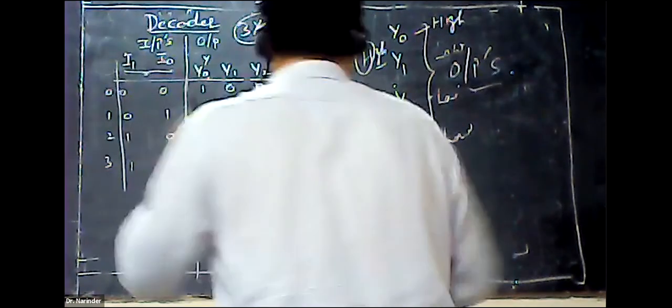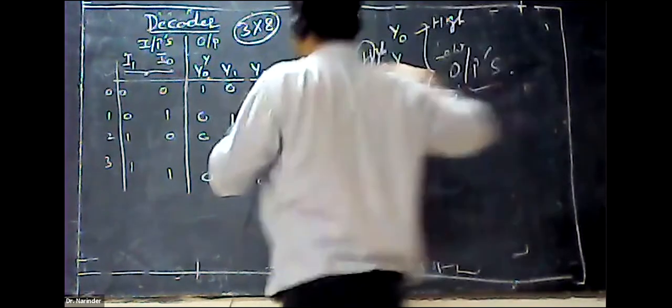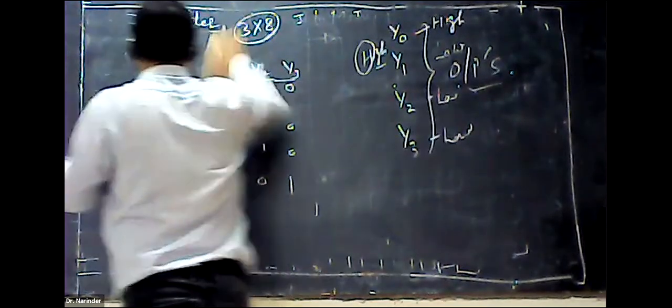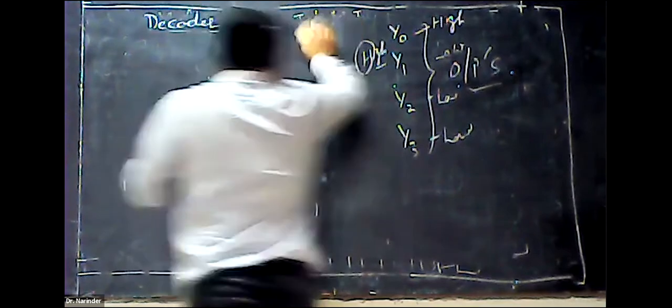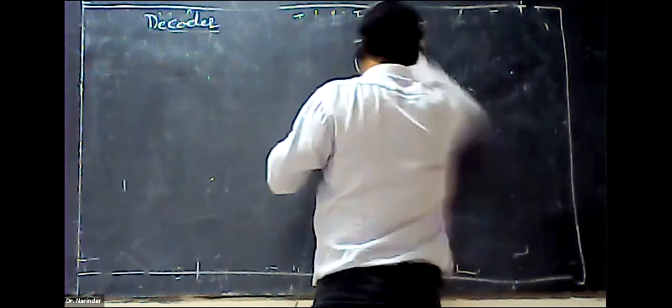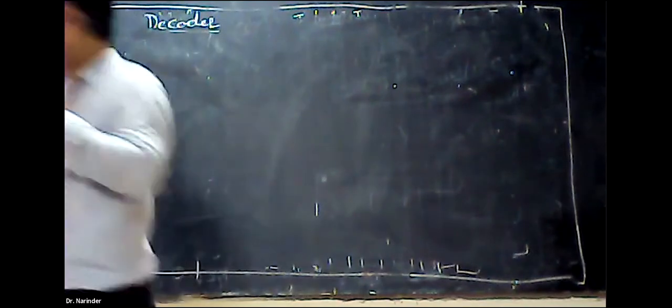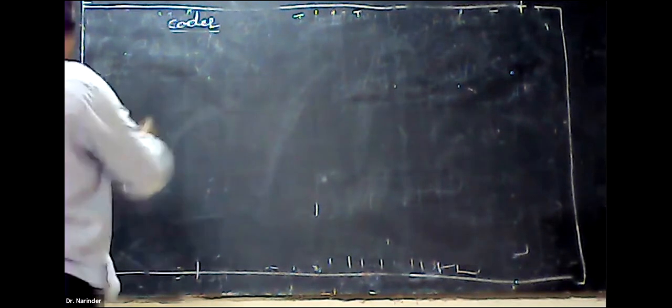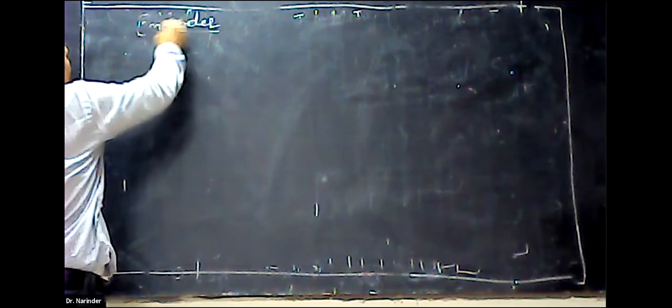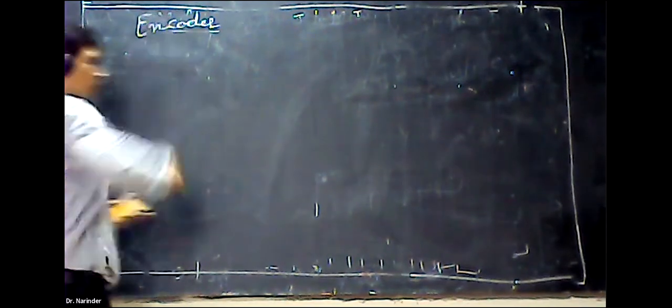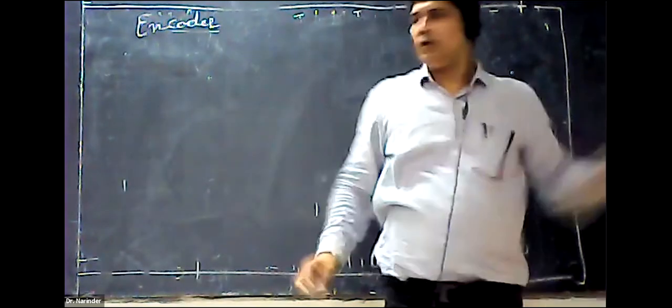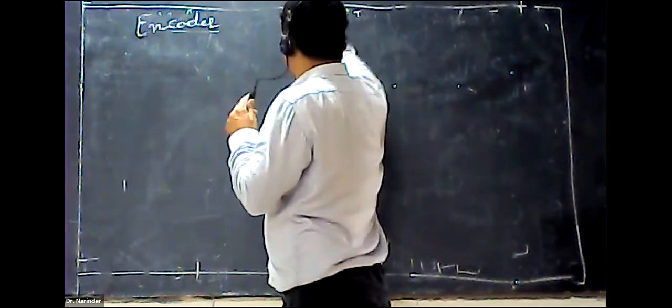Just like the decoder, there is an encoder. It is the converse of the decoder. We said 3 to 8 line decoder.